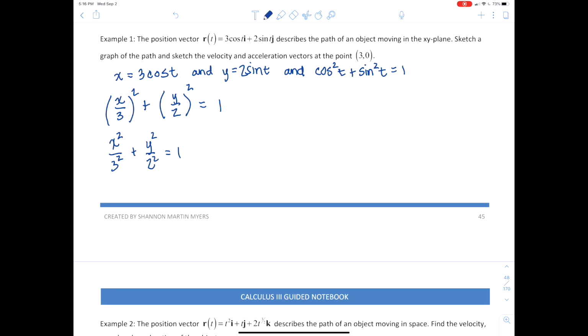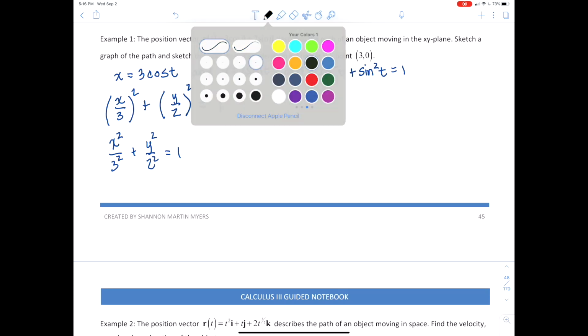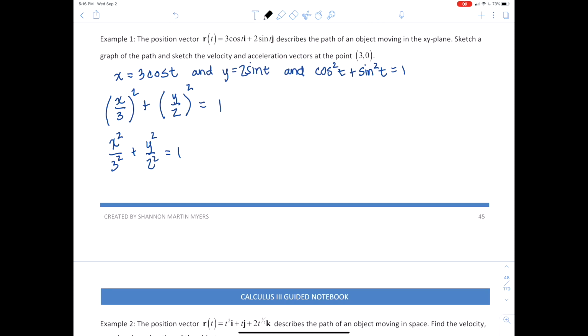Now, let's take a look at our graph and sketch our acceleration vectors. So here, this, I'm sure you remember, is going to be an ellipse with its major axis horizontal.